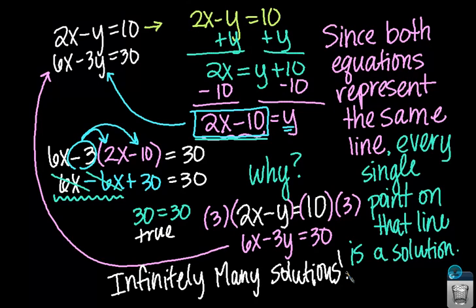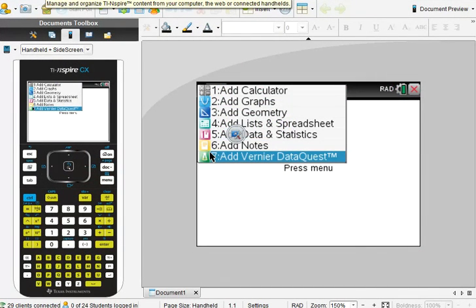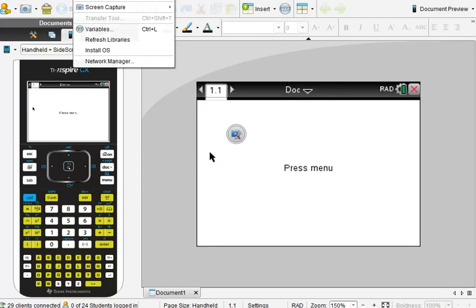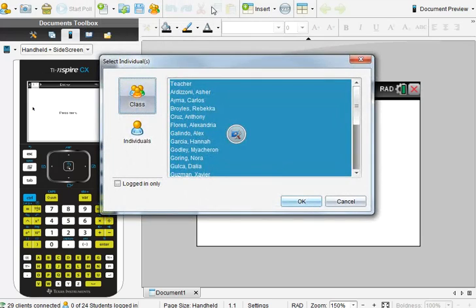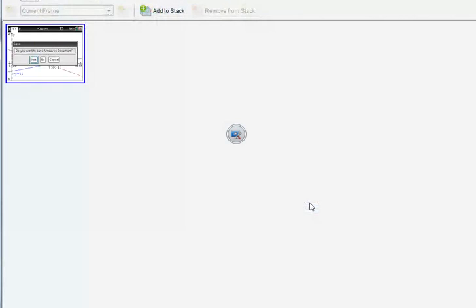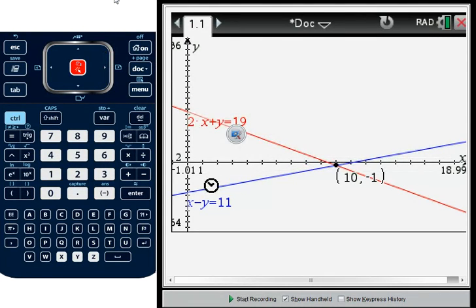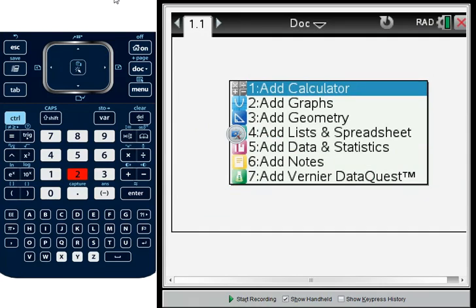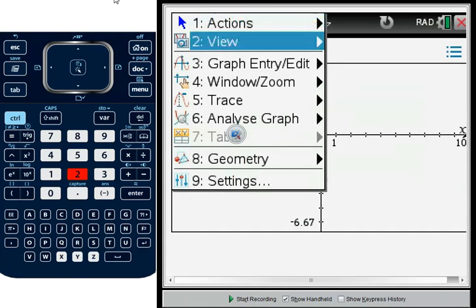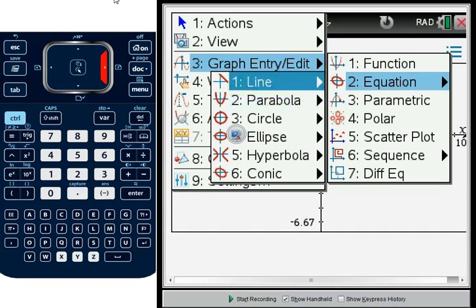And we can see that on the calculator as well. So I'm going to start a new document, add a graphs page, and enter my standard form equations.